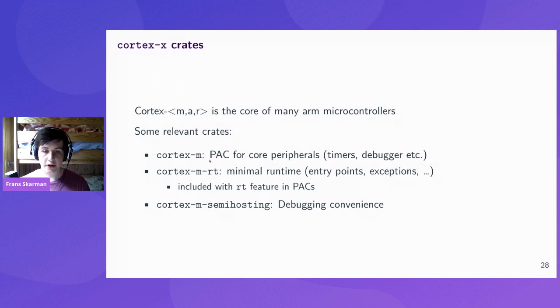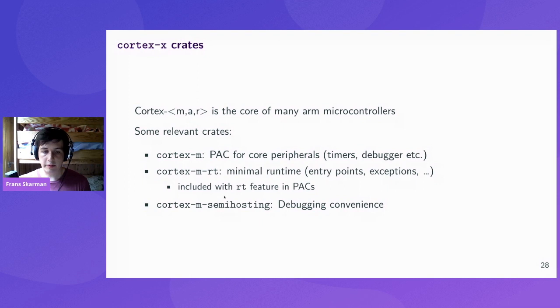And the Cortex-M crate itself is essentially a peripheral access crate for the core peripheral, so the timers and the debuggers and so on. There's also a crate called Cortex-M RT, which has a minimal runtime, so handling exceptions, handling entry points, handling interrupts, and so on. And if you're working with a PAC, that will be included with the RT feature.